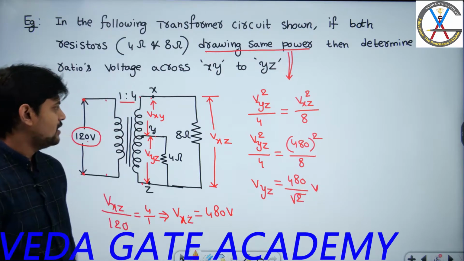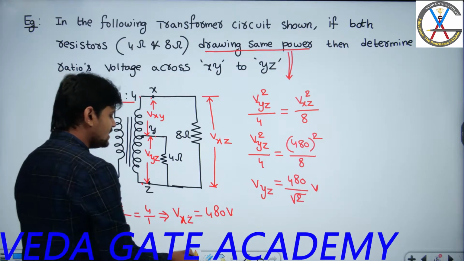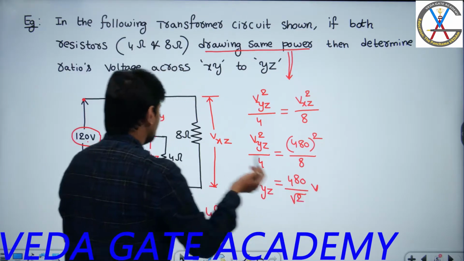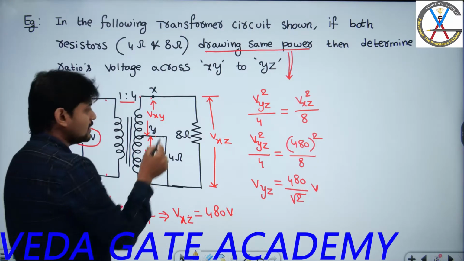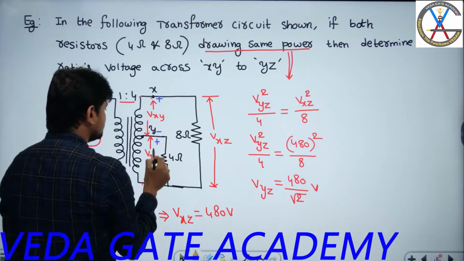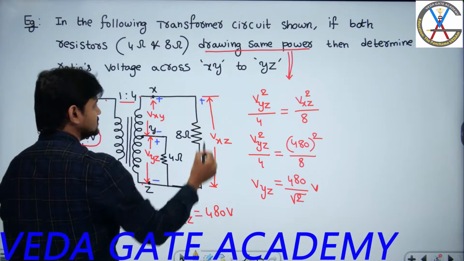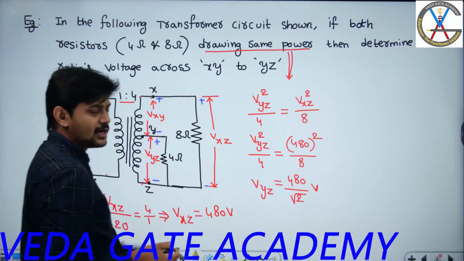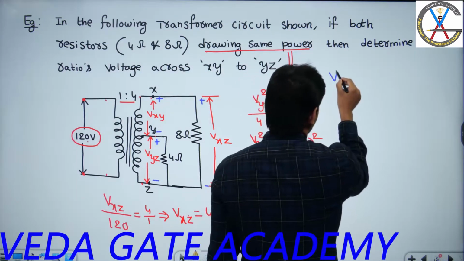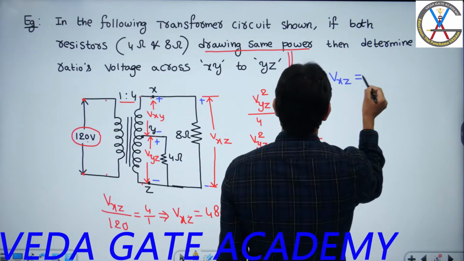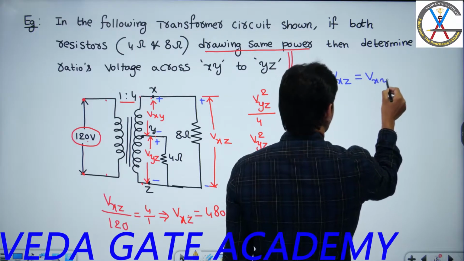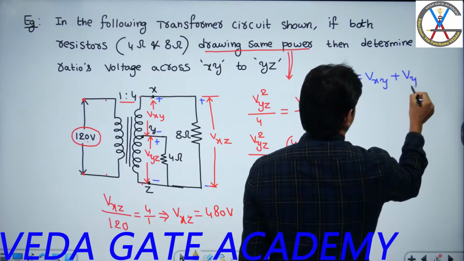This is Vyz. Now if I know Vyz, I can easily calculate the other unknown parameter Vxy. If you apply KVL, from network analysis, Vxz is equal to Vxy plus Vyz.